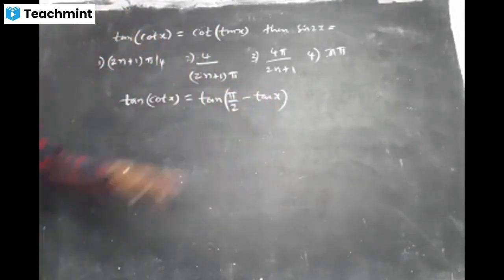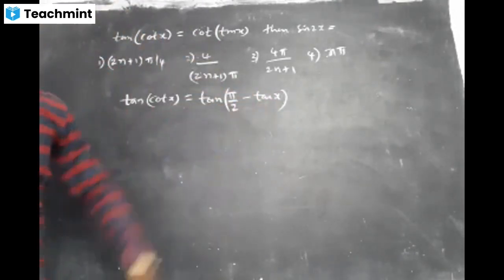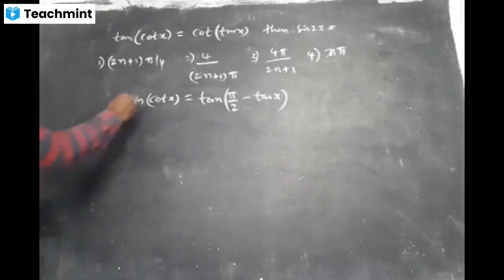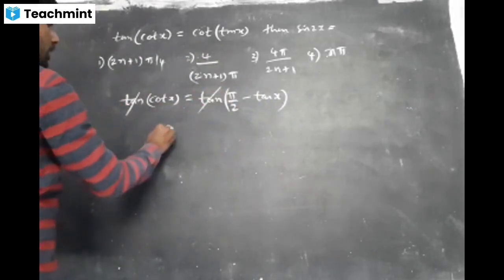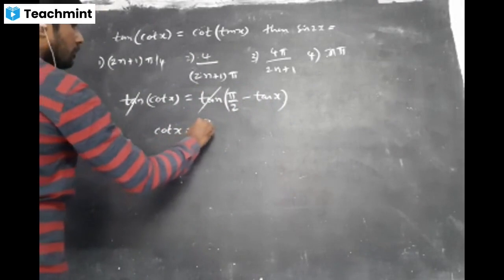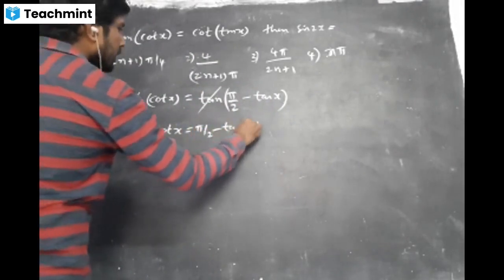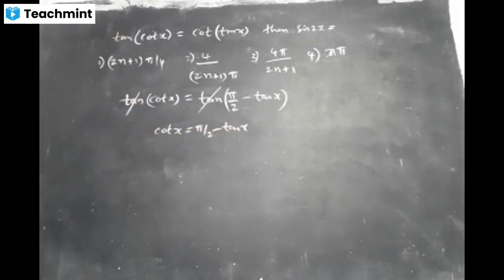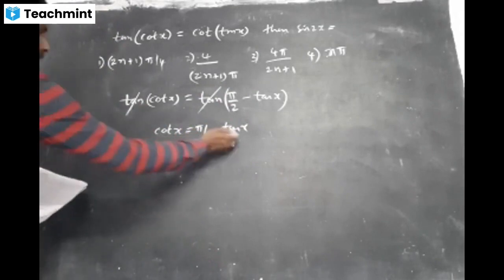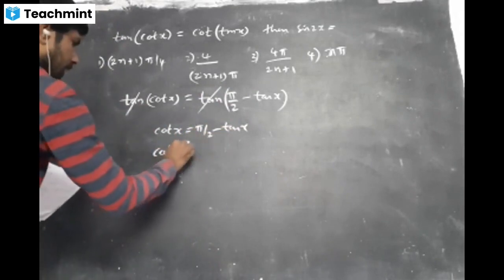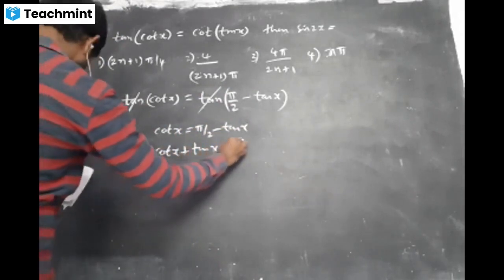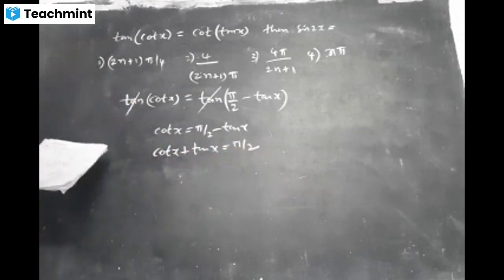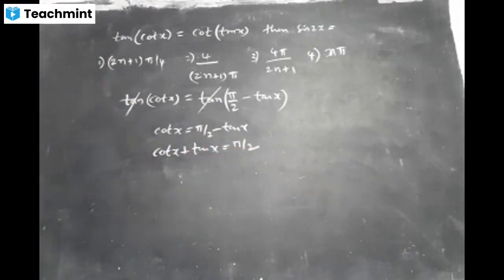So cot of tan x we can write as tan of pi by 2 minus tan x. So on both sides tan will be cancelled. Cot x is equal to pi by 2 minus tan x. So this tan x comes to this side: cot x plus tan x is equal to 90 degrees. Tan x plus cot x is equal to pi by 2.